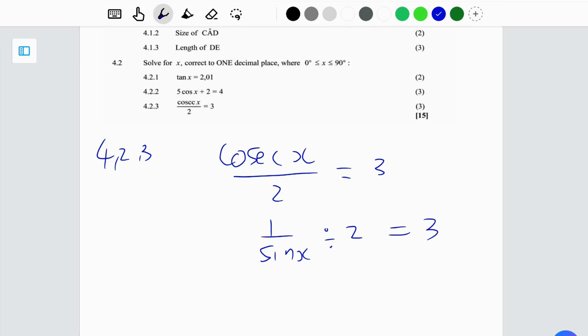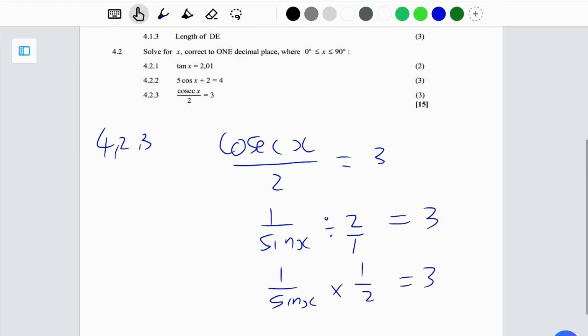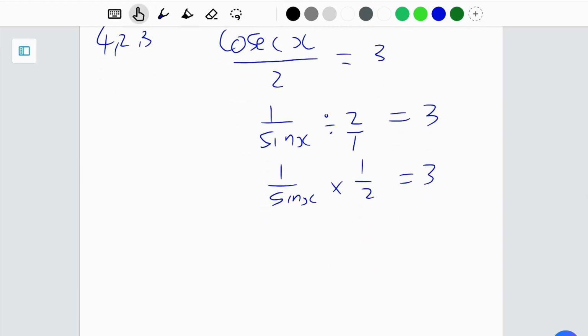I guess we could have also put it over 1 over sine x, and then we could have cross multiplied, right? But let's just do it this way. So we know that 1 over sine x is going to be multiplied by a half. So remember, if this is over 1, we're going to tilt and then times, right? You guys follow? Okay. So what's that now going to give you?